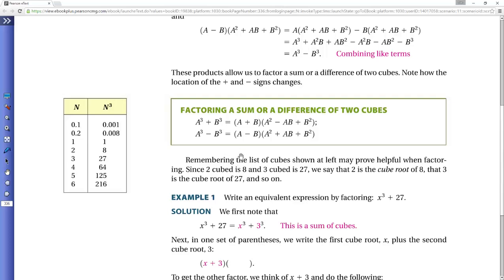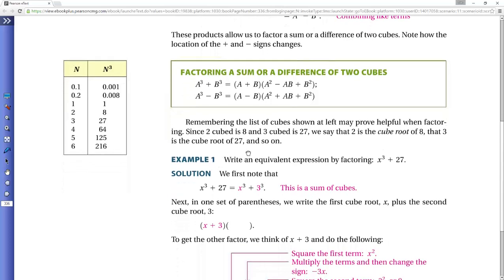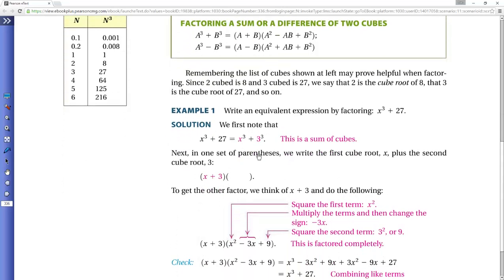There are two of these patterns that we need to recognize to do this type of factoring. Example 1 says write an equivalent expression by factoring. Remember, factoring means I'm going to write this as a multiplication. So we have x cubed plus 27 right here.